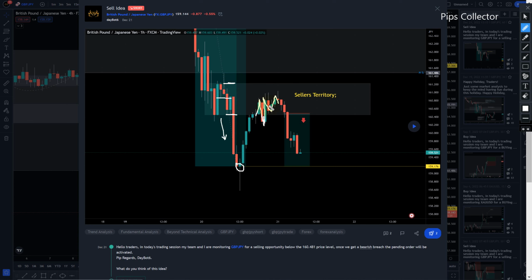Okay, their orders were being digested, and whenever you see price give this kind of very weak movement, you know that there is a fight between the bulls and the bears. In other words, the buyers are trying to push price up, whilst the sellers are also trying to do what? Hit price down.